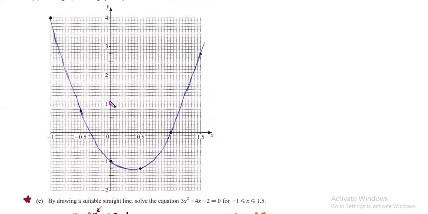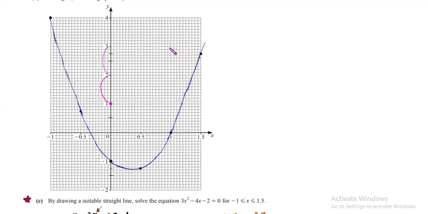From here, I'm going to go up by 2 units. So it's going to be here, and across by 1 unit, to the right by 1 unit. But in this case, 10 small boxes represent 1 unit in the y-axis, but on the other side, 20 small boxes represent 1 unit. So we need to make sure to represent 1 unit, which means it's going to be 20 boxes across.